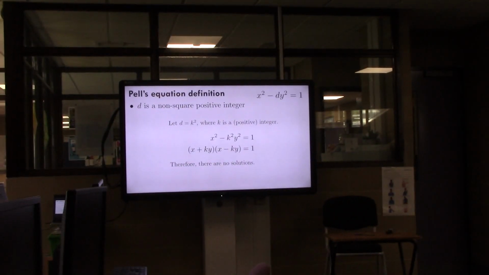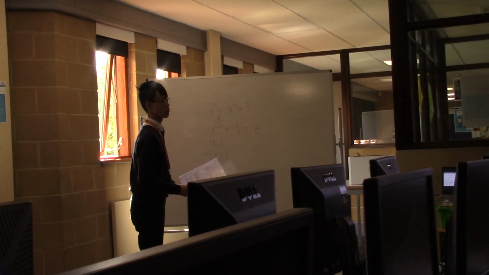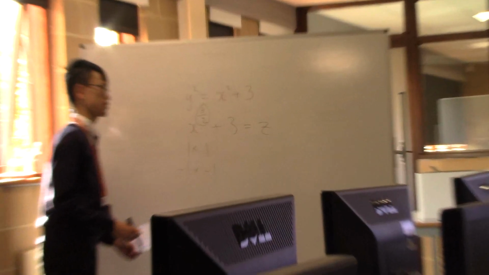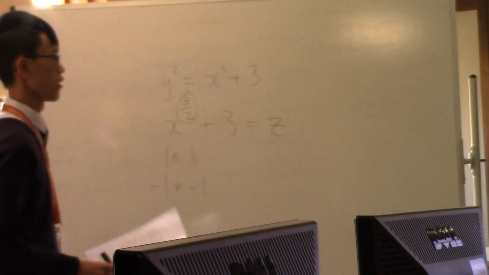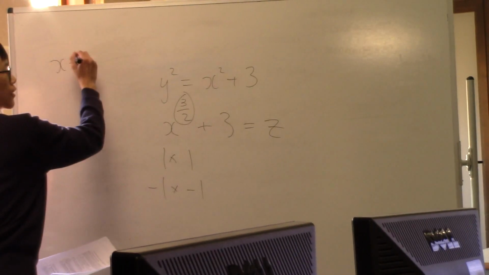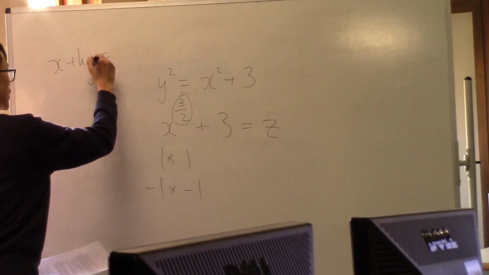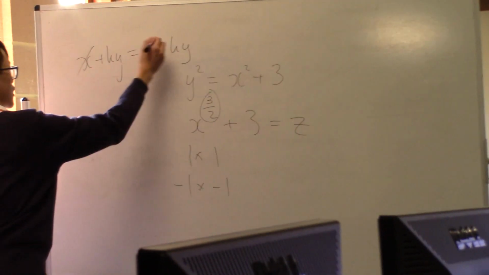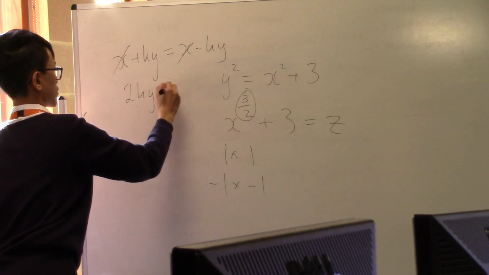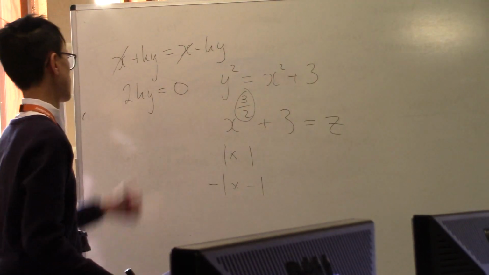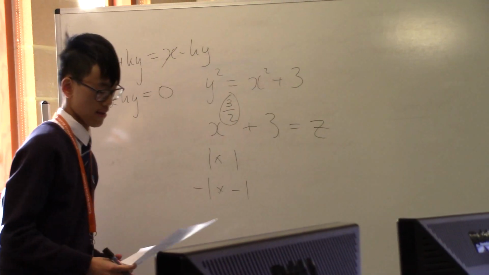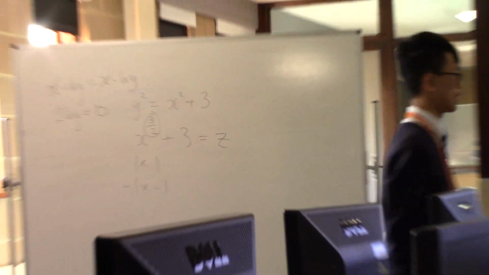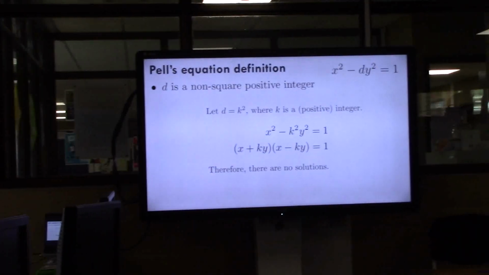But because x, k and y are all positive, minus 1 times minus 1 will not work because x plus ky must be positive. And if they're both equal to 1, then x plus ky will be equal to x minus ky. The x's will cancel, and that means that 2ky is equal to 0, which is again not possible because k and y must be positive integers. So there are no solutions when d is a square, and that's why d must be non-square.